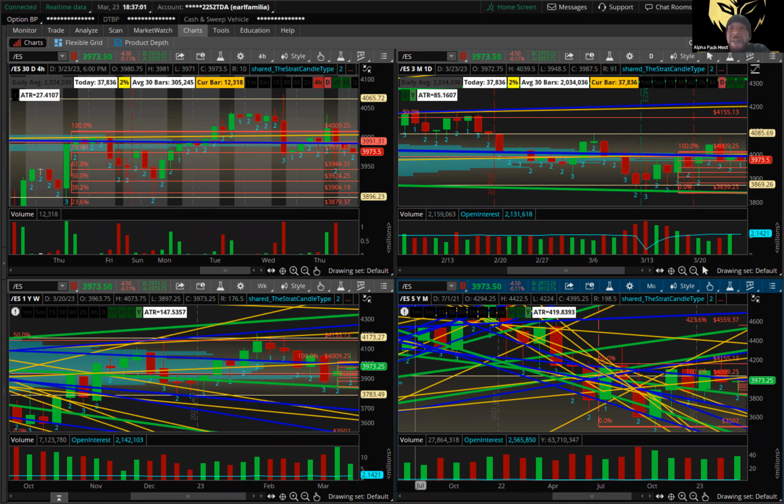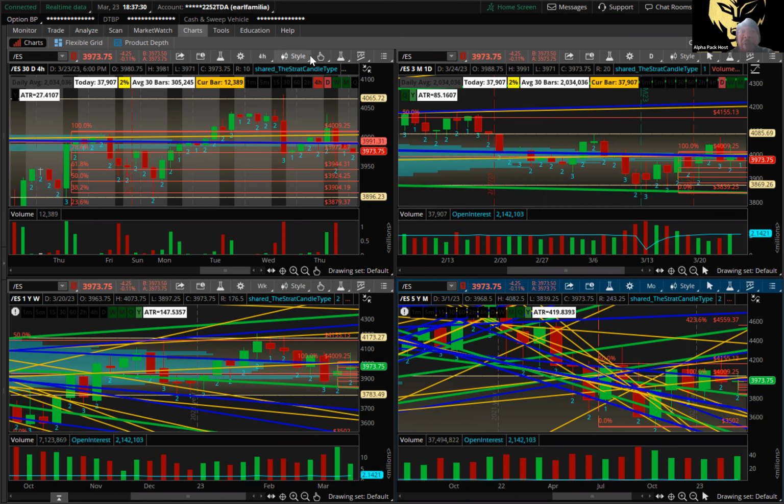So that's the nuanced difference between the two. And then from there, we would add our broadening formations and do another assessment of those particular tickers to see if we still see them in the same light in terms of attractiveness. And then from there, we'll take the last step in terms of assessing the return on investment by looking at the Analyze tab.